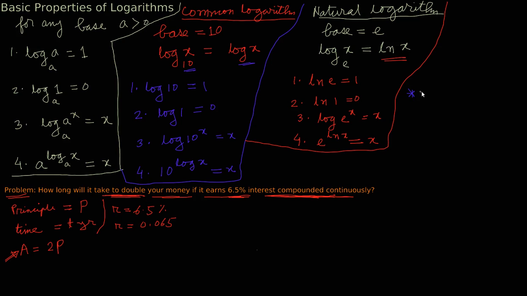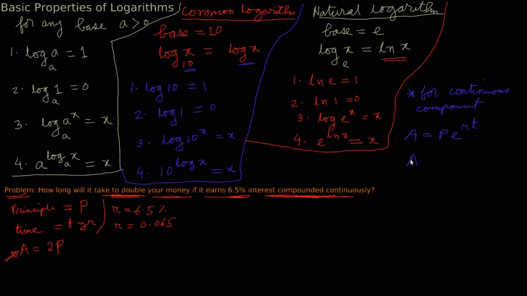For continuous compound interest, the equation is A equals P e power RT. We have seen this formula before. Now let's manipulate it a little bit.